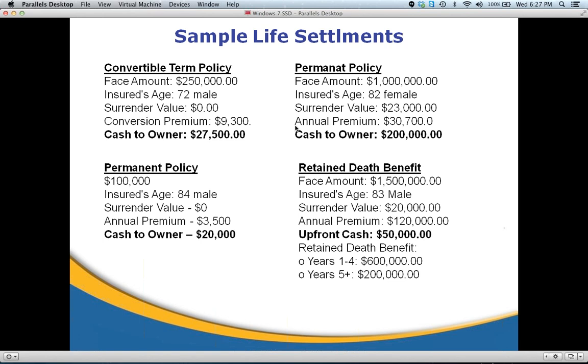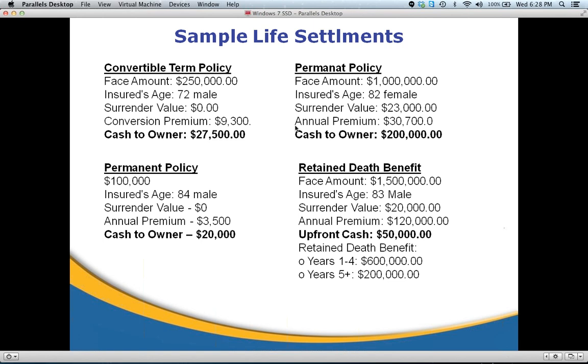So what happened here was the investor was willing to pay $50,000 upfront cash. They assumed the annual premium payments, and the policy owner, the person who's selling it, was still able to receive, if they died within the next 4 years, a $600,000 benefit. And if they die 5 years or later, a $200,000 death benefit. So larger policies can be split up and you can sell a portion of that. It's called a retained death benefit settlement.